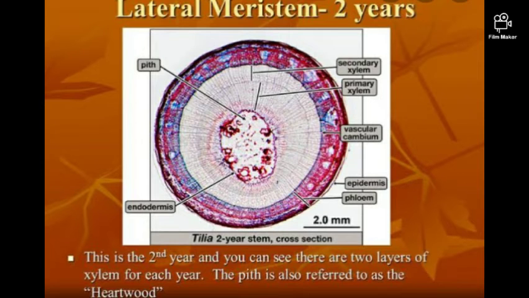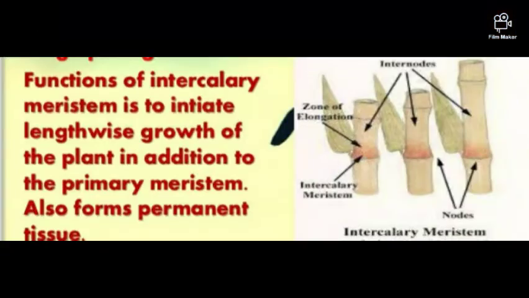In this diagram you can observe the two rings. So it grows up according to the age of the plant. The study can reveal the age of the plant. In the earlier picture it was 1 year. In this picture it is 2 years, the plant that is being shown.